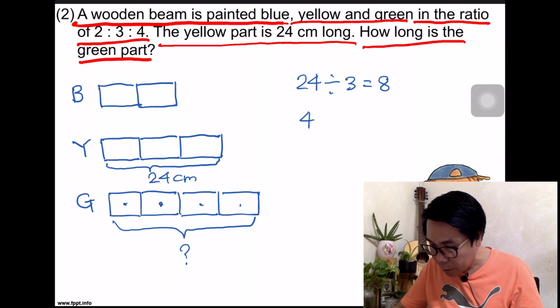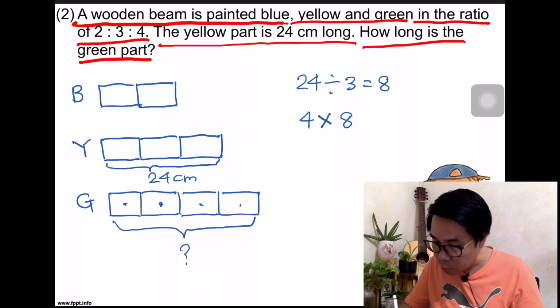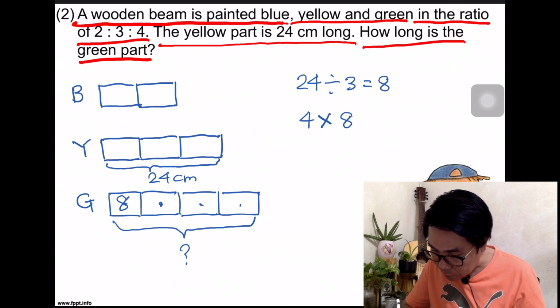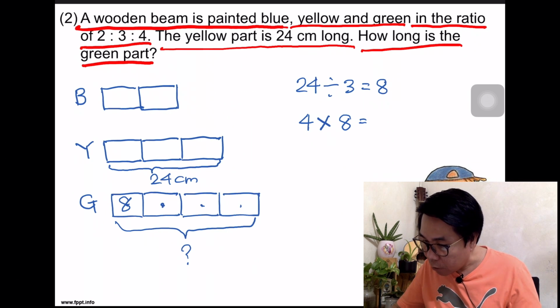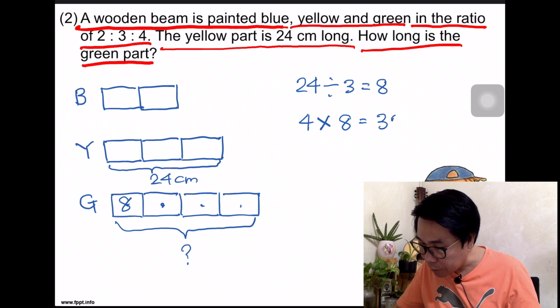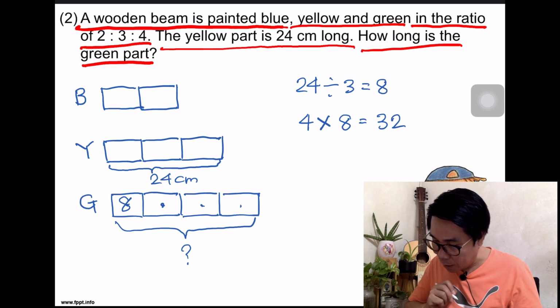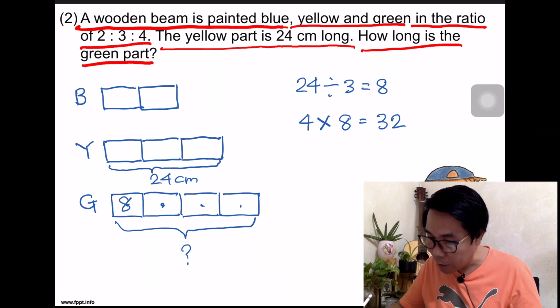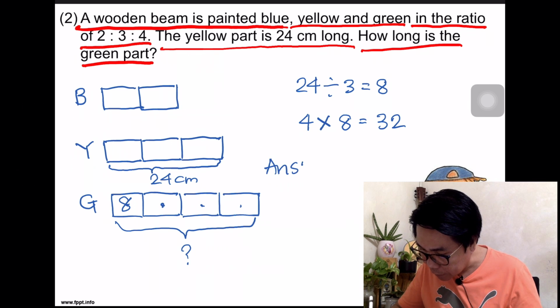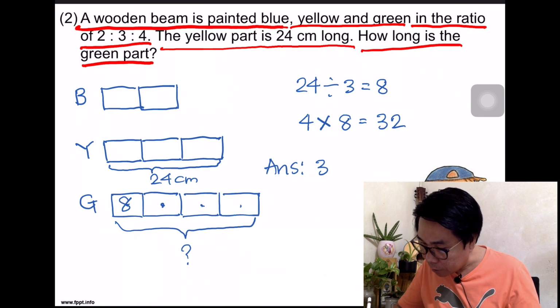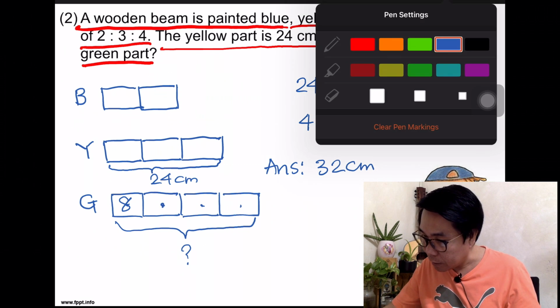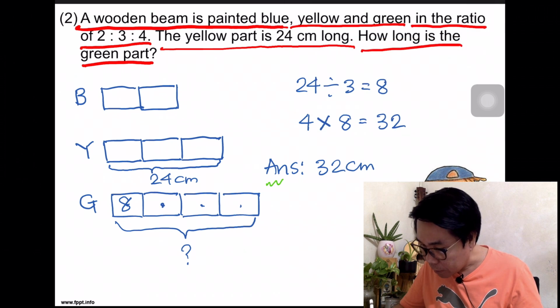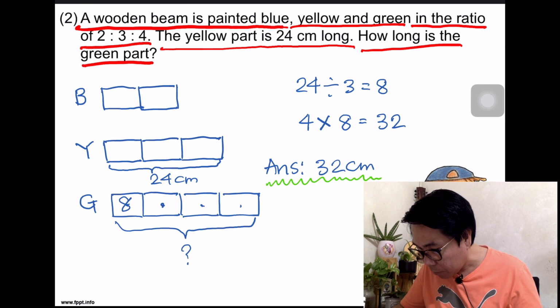So 4 units times 8, because 1 unit is 8. So 4 times 8 is 32. How long is the green? So our answer here is 32 centimeters. That's the answer for problem number 2.